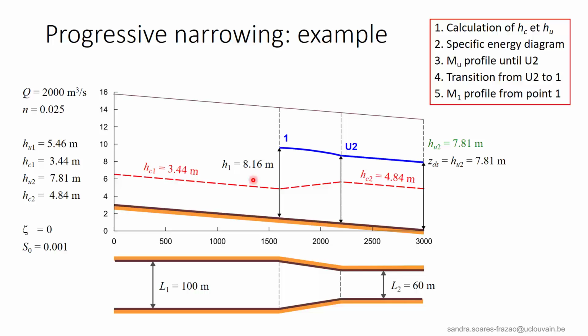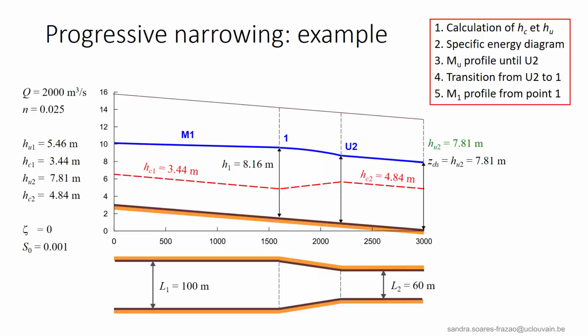This evolution can be calculated in one single step over the transition, or for a better accuracy in several steps by dividing the transition into smaller reaches. In the present example, 5 steps were used. Then from this point 1, we calculate the M1 profile until the abscissa S equal to 0 to obtain the final flow profile illustrated here.